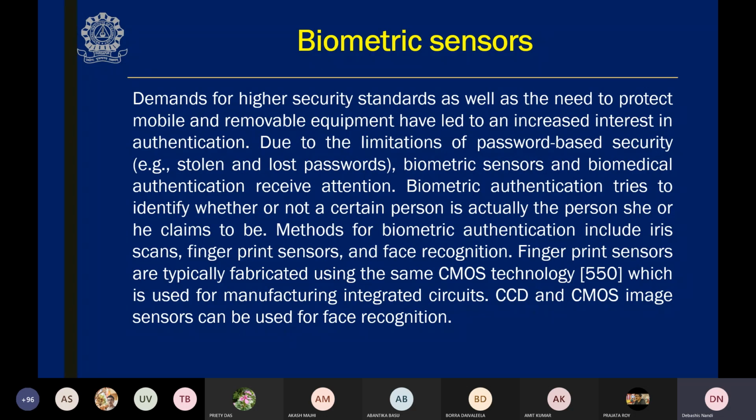For example, fingerprint is one biometric. Iris is another biometric, your face is another biometric. So different types of biometric may be there. Here you can use a fingerprint for unlocking your mobile or unlocking your computer.